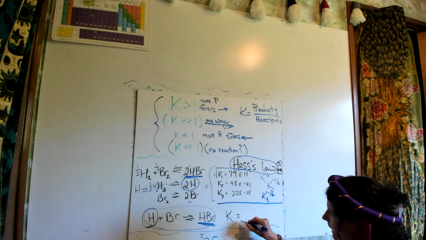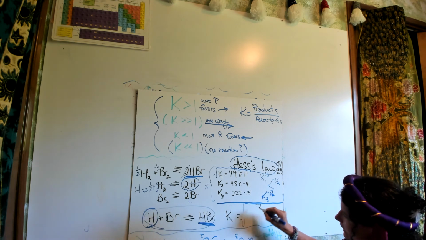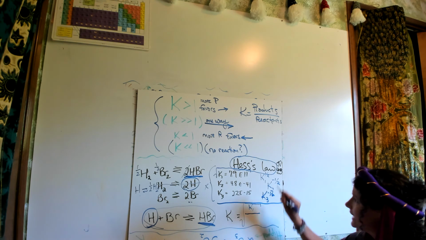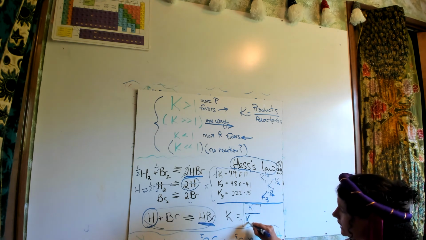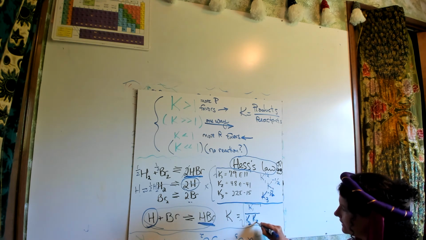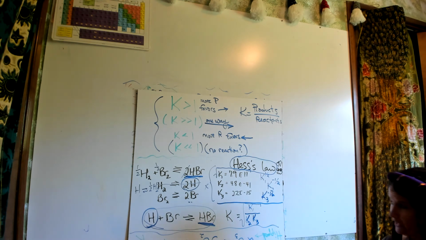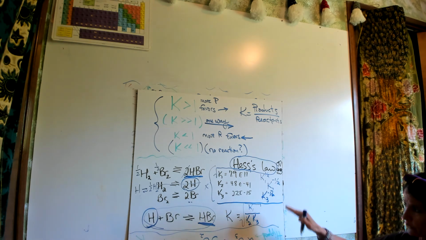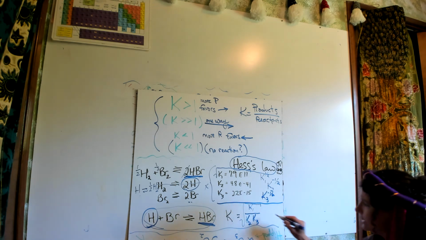So what this becomes, I'm going to show you 2 ways you can do it, is everything's to the 1/2, which means we have a big square root. K1 was a positive exponent, and K2 and K3 would be in the denominator. That is one way to write it. So the net K is the square root of K1 divided by K2 times K3.